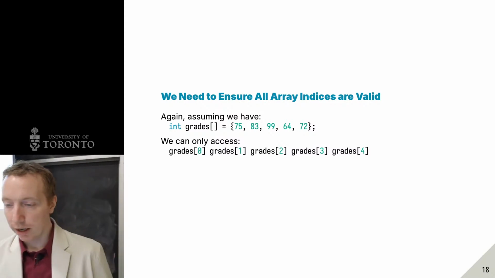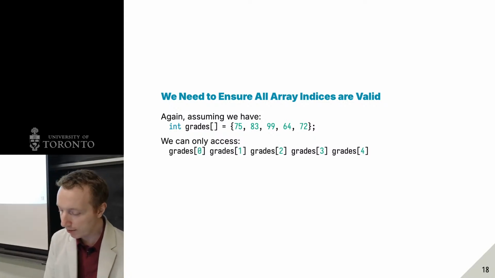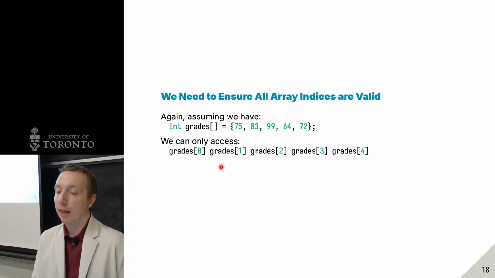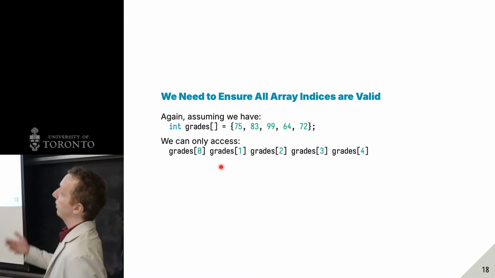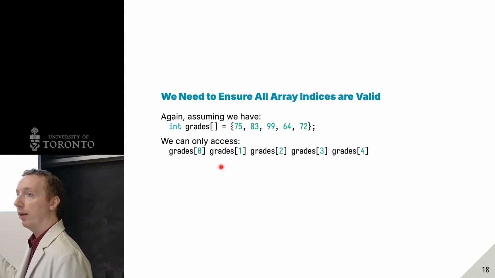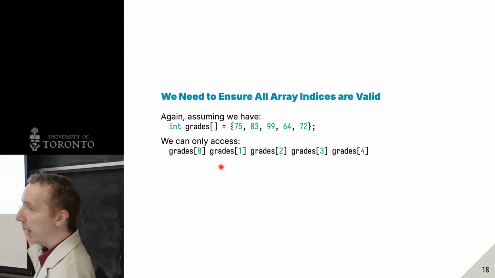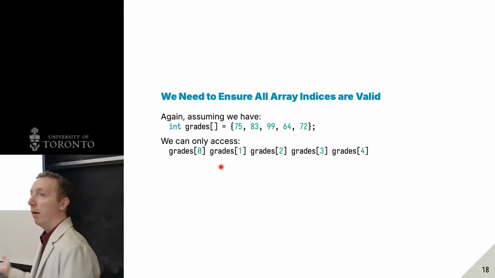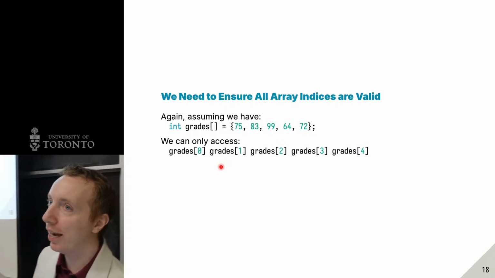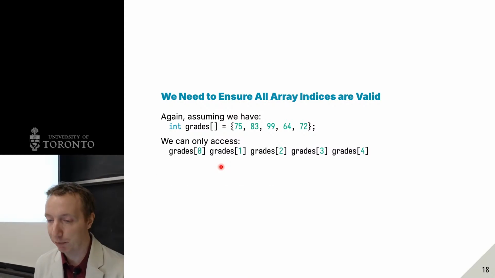Again, assuming I have this integer array called grades with 5 elements, that means I can only access grades at index 0, 1, 2, 3, 4, because those are the only ones that are valid. -1 doesn't make sense. 5 doesn't make sense because it's too big, but C doesn't care. C will let you do that and bad things will happen. So it is up to you to make sure you index things properly.